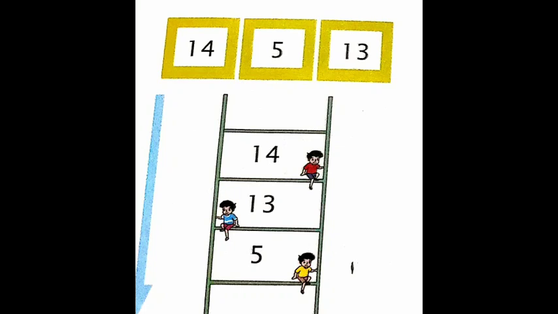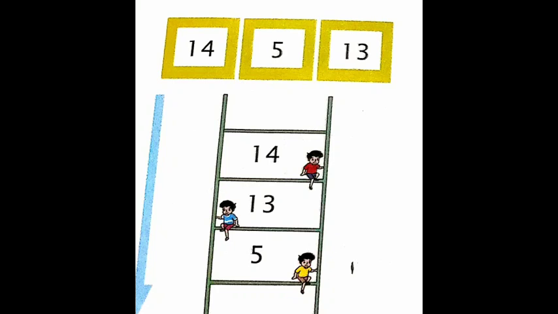Next, we are left with 5 and 13. So, out of these two numbers, which number is big? 13 is big. So, strike out 13 and write 13 in the second box. And the last number we have is 5. So, strike out 5 and write 5.